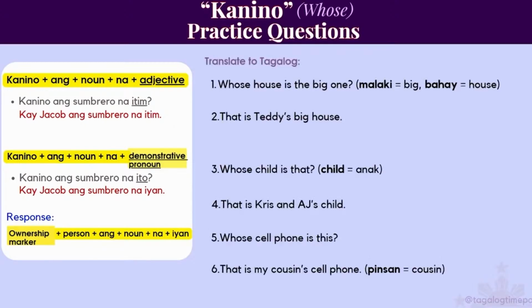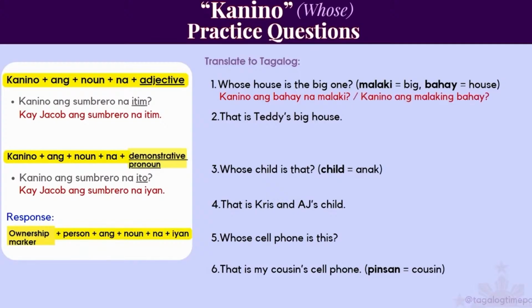Whose house is the big one? Malaki means big. Bahay means house. It would be "kanino ang," then it's the noun, "bahay na malaki." So whose house is the big one? "Kanino ang bahay na malaki?" Here's another way to say it.